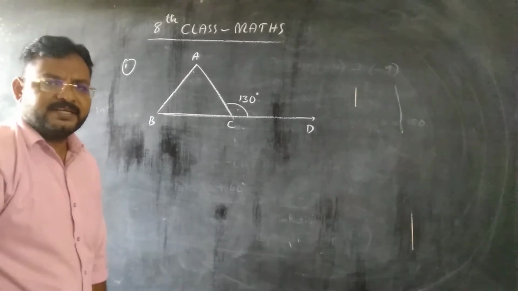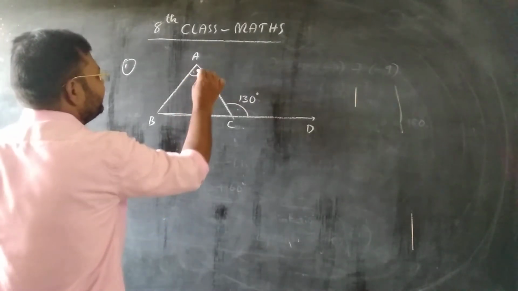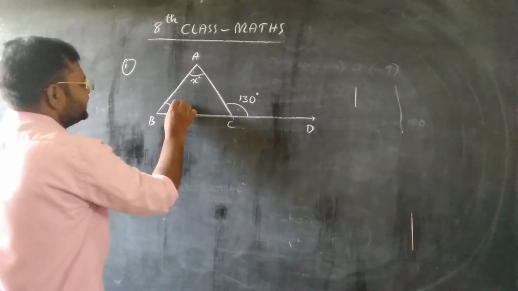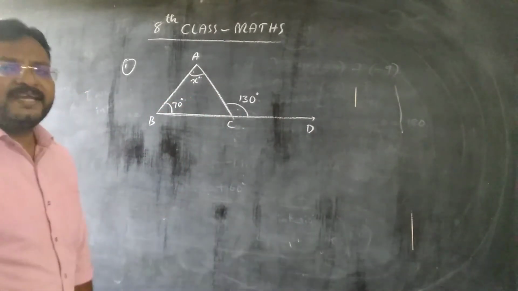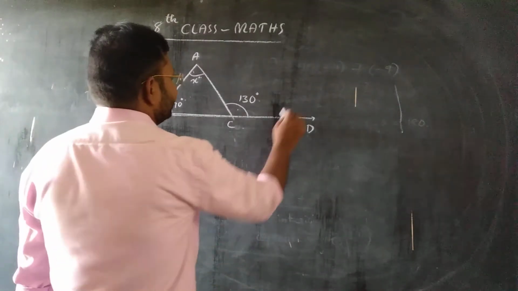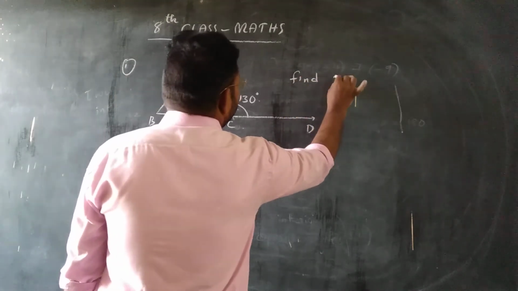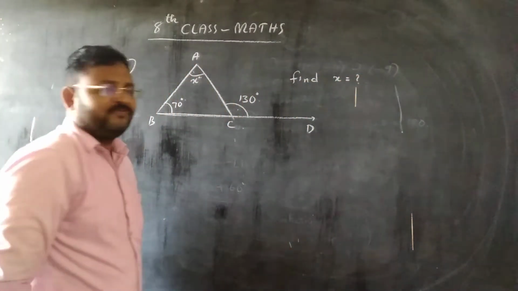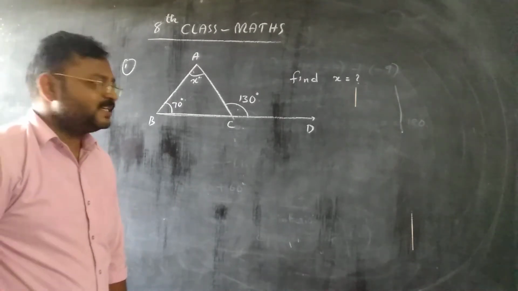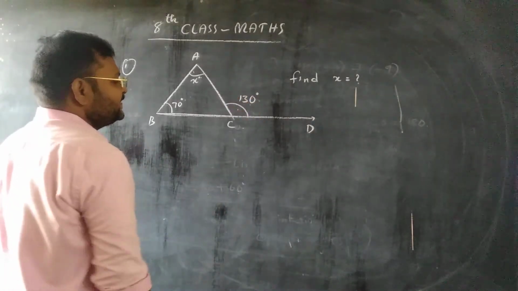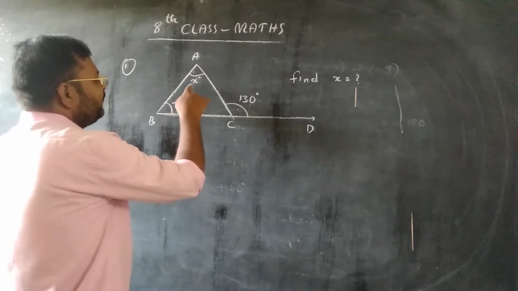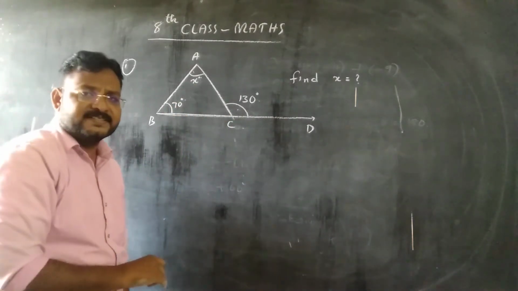Now they have given one of the angles as x degrees and one more angle is 70 degrees. Now they ask the question, find x. How do we find the value of x? I said to you, the exterior angle is equal to the sum of its two interior opposite angles.